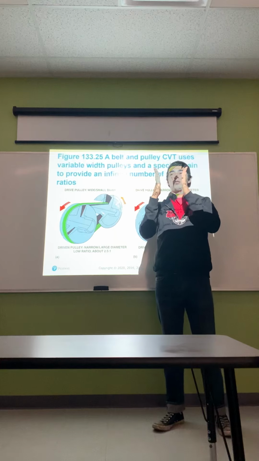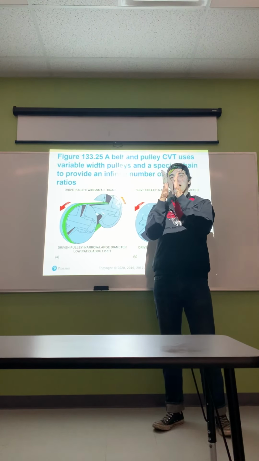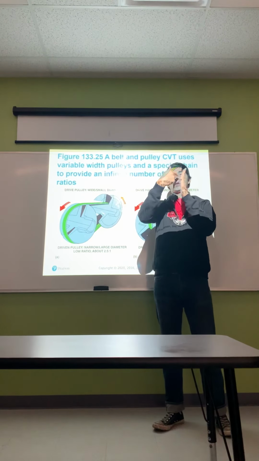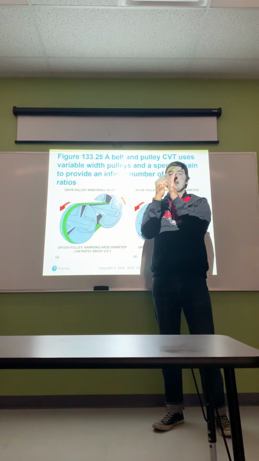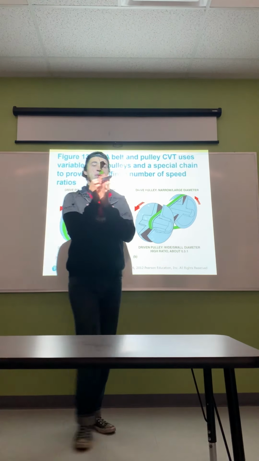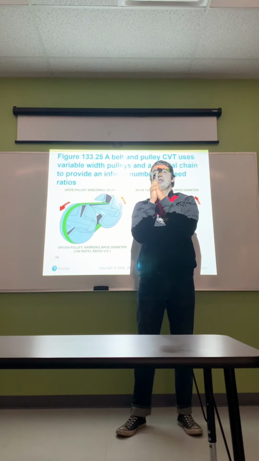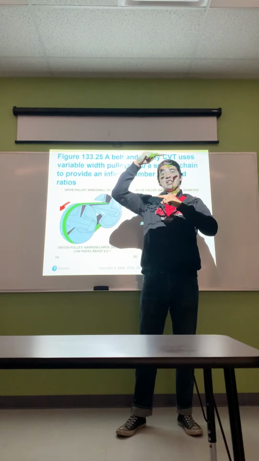As the rotation or the amount of energy needed comes across these pulleys, they get narrower and wider. Think of it like if you have something in between your fingers, and I don't know if I'll be able to do it. Here's the belt. When you apply more pressure and they come in, that belt's going to slide upward. When that belt slides upward, it's going to get wider.